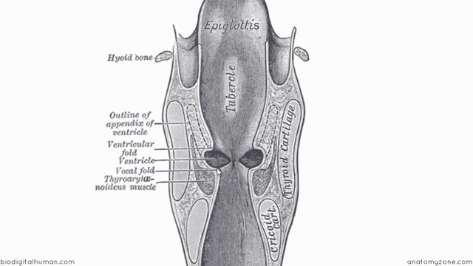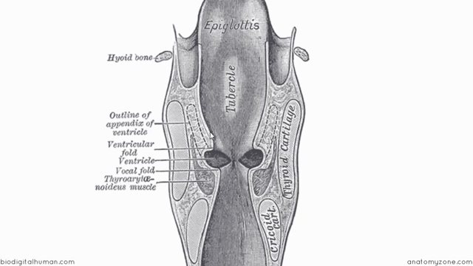So you've got this trough formed by the folds of mucosa, and this is called the laryngeal ventricle. And then you can see how the mucosa continues downwards, and it is continuous with the trachea below.